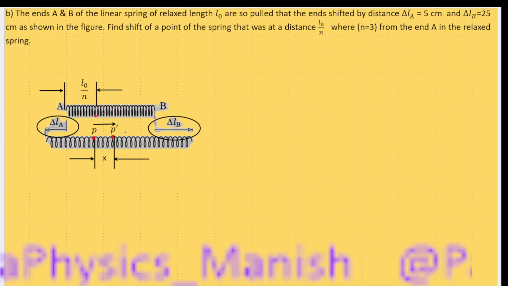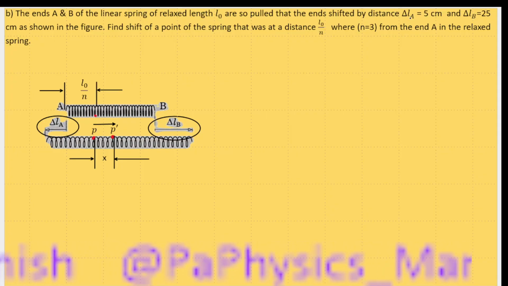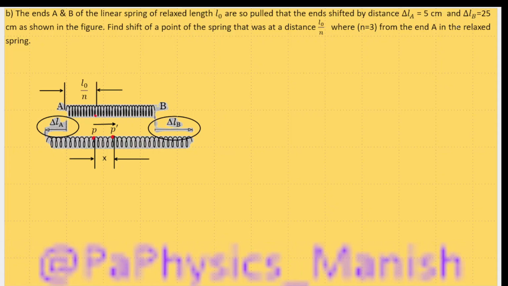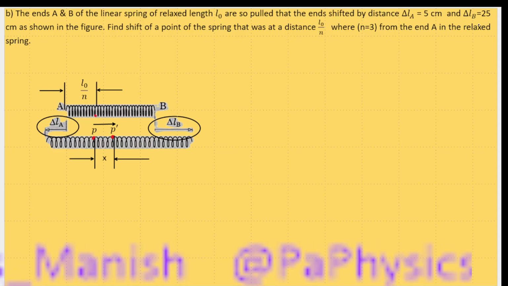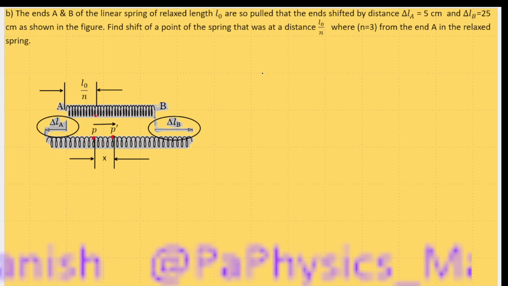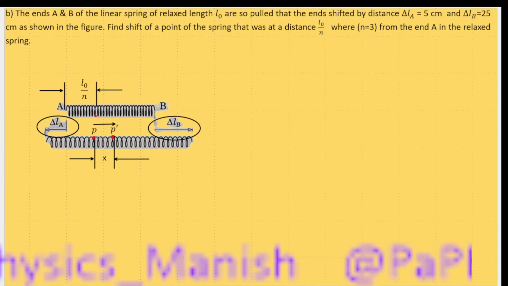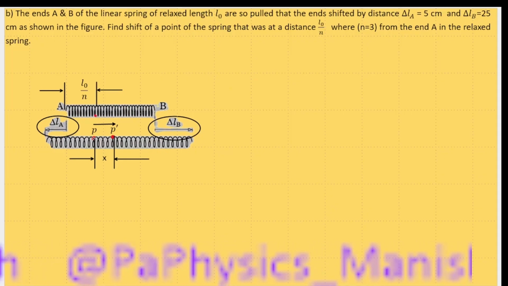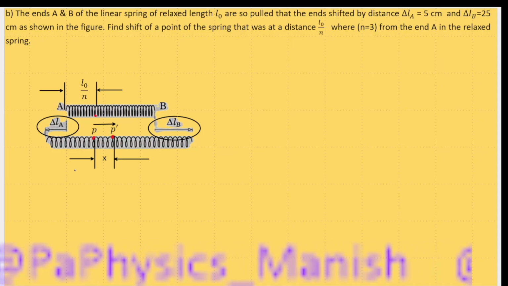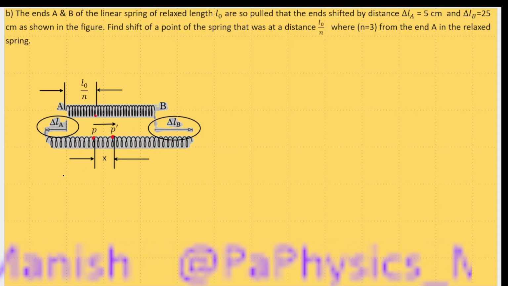What will be the shift in this point when the extension at the A end is delta LA and at the B end is delta LB? We have assumed that point P has shifted rightward by a distance x.